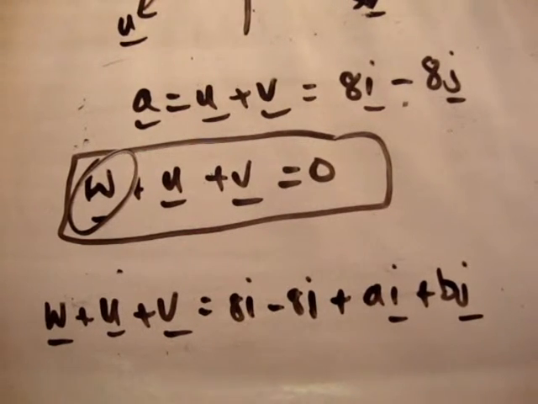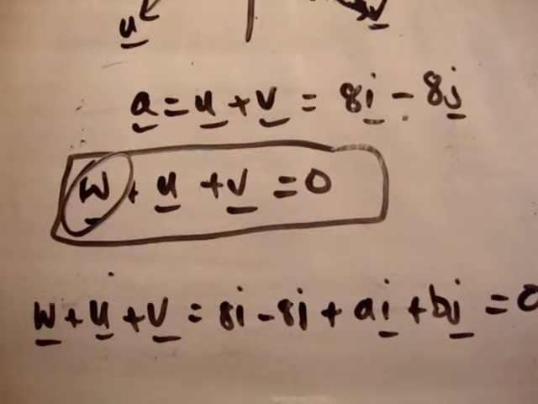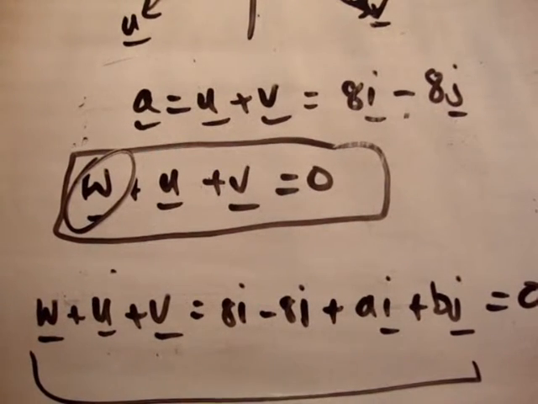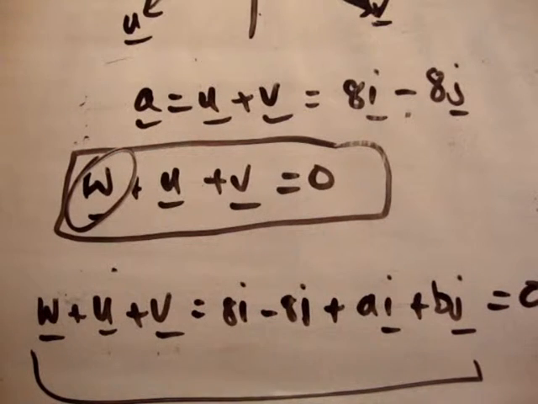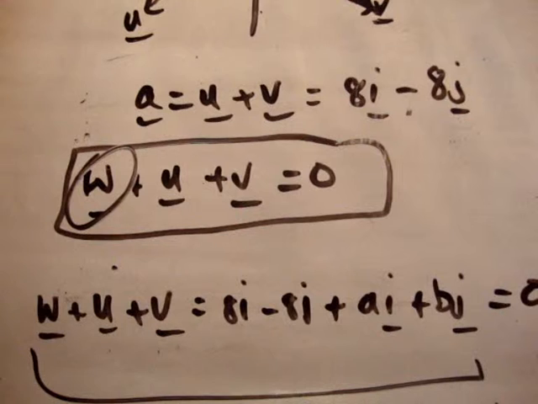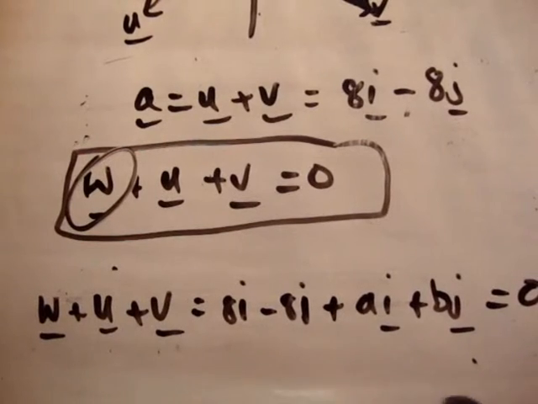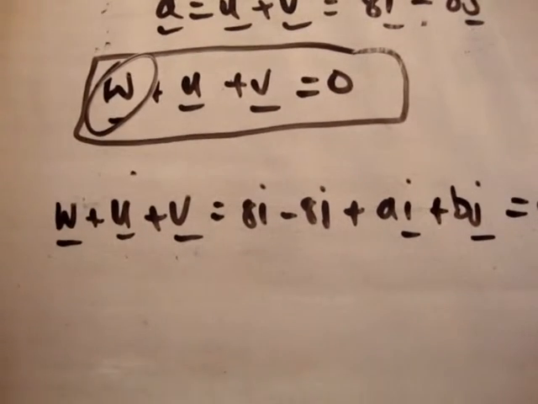Okay, so that's equal to 0 because we're given. Another way of looking at that would be that all of this here is equal to 0 i hat plus 0 j hat. What does that mean? It means that all of your i hat and j hat components sum to 0.